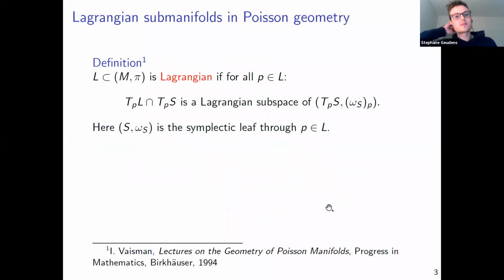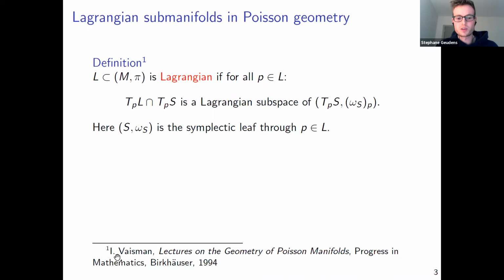So the first thing is, as log-symplectic manifolds are Poisson manifolds, first I will say what we mean by a Lagrangian submanifold in a Poisson manifold. Lagrangian submanifolds seem to be much less common than coisotropic submanifolds, but still there are some definitions that appear in the literature.